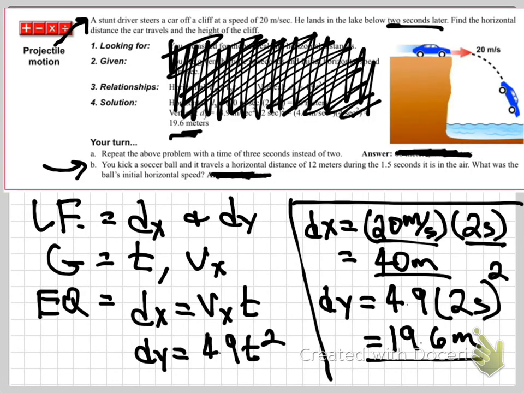You kick a soccer ball and it travels a horizontal distance of 12 meters during the 1.5 seconds in the air. What was the ball's initial horizontal speed? Okay, so let's go over here. We got a red soccer ball, like that. That's an oval. Okay.